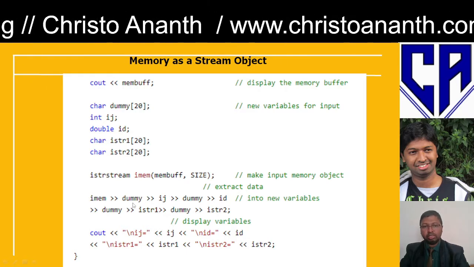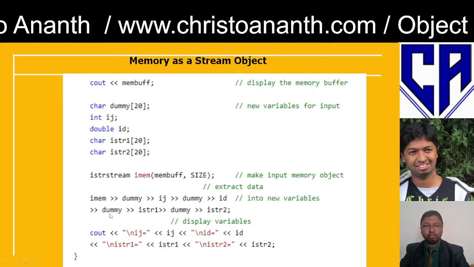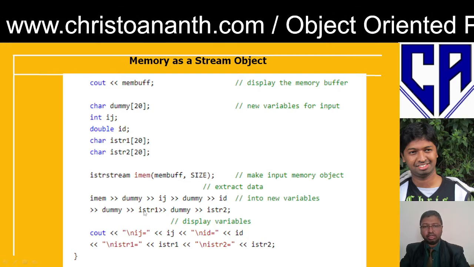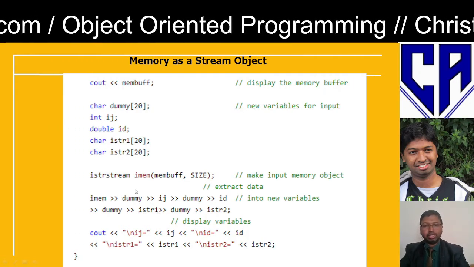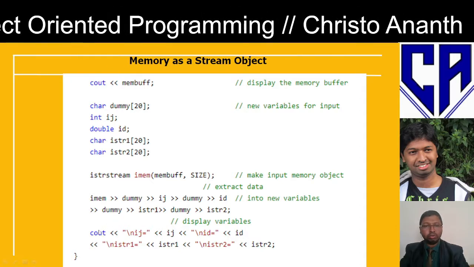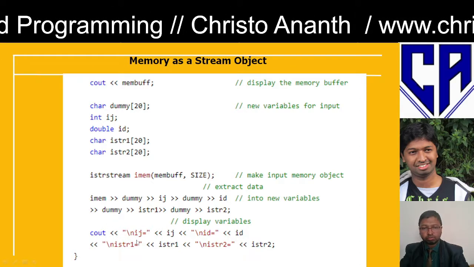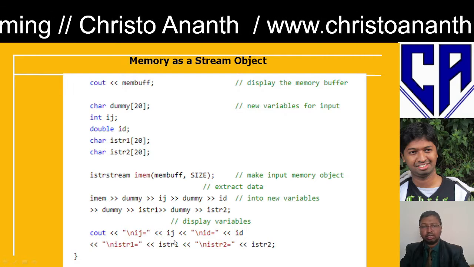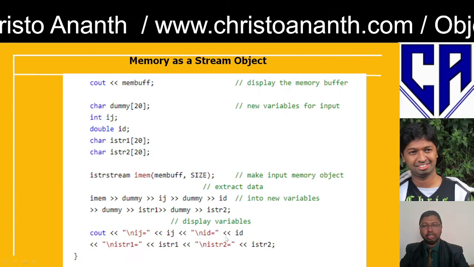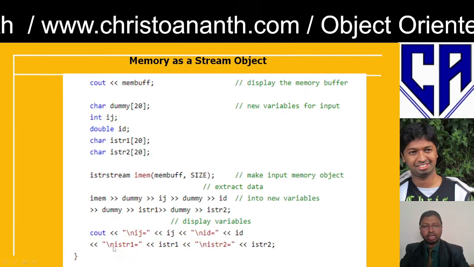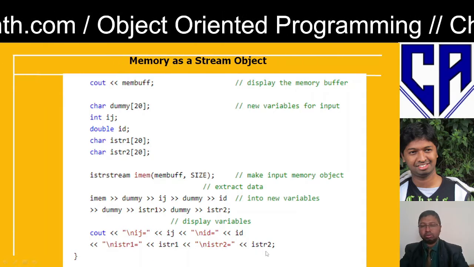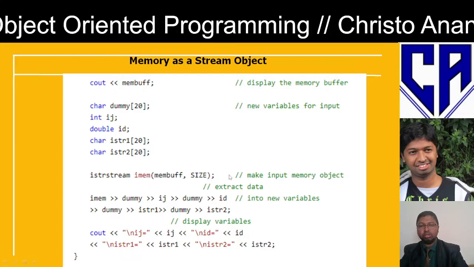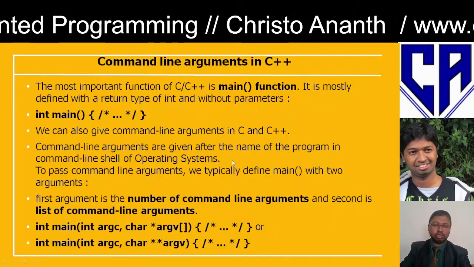So imm, dummy, ij, id, and then istr1 and istr2. So this is how you extract the data into the new variables, and you display the variables. So cout \n ij equal to ij, and \n id equal to id, and \n istr1 equal to istr1, and \n istr2 is equal to istr2. So this is how it goes with memory as an object.